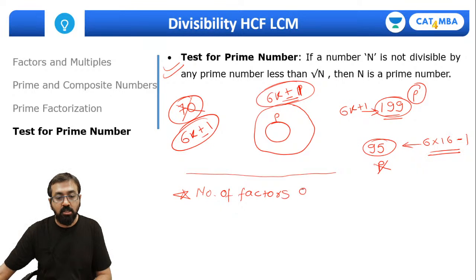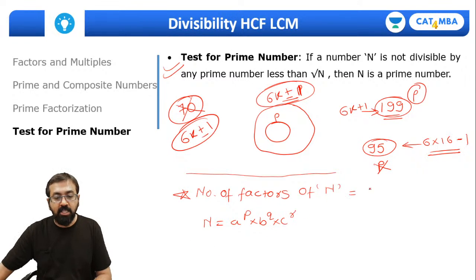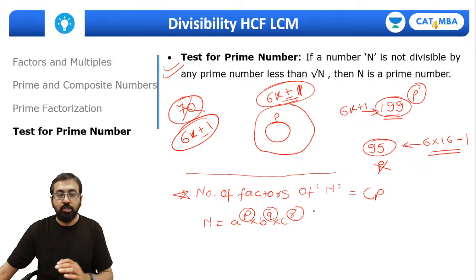Number of factors of any number n, say. Once you have represented n in this form, that is a raised to p into b raised to q into c raised to r, and so on and so forth, the number of factors of n will be equal to (p plus 1) into (q plus 1) into (r plus 1). So this is how you can quickly find out the number of factors.